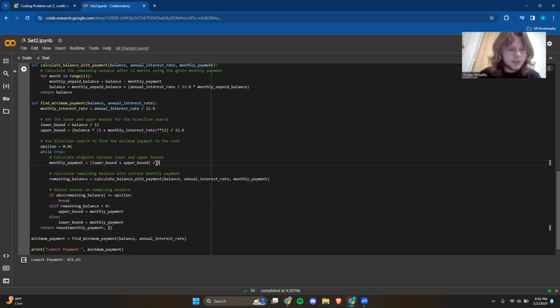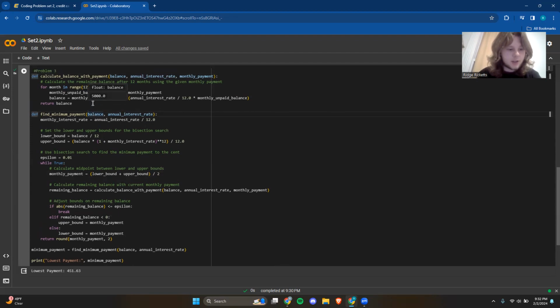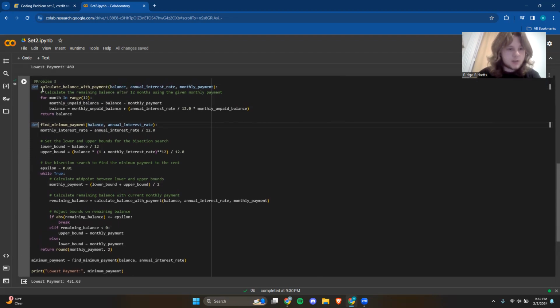And so essentially, this one, the find minimum payment, is going to use bisection search to find the monthly payment to pay off the credit card. While this one up here, the calculate, is going to calculate the remaining balance after the 12 months using the given payment.